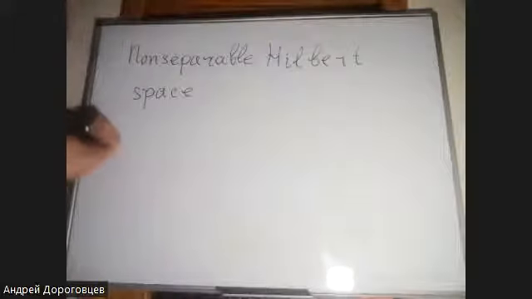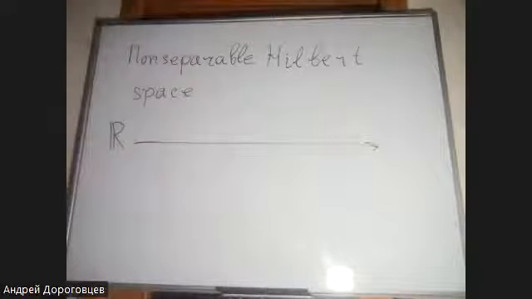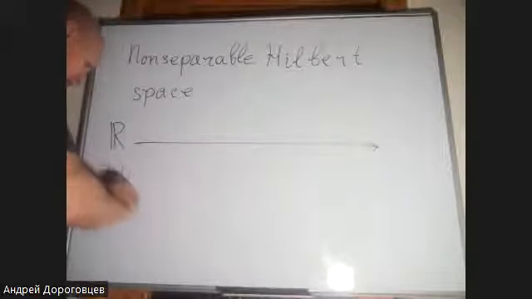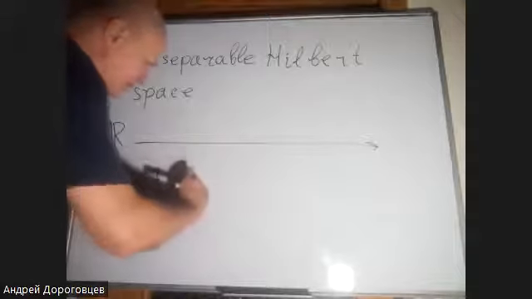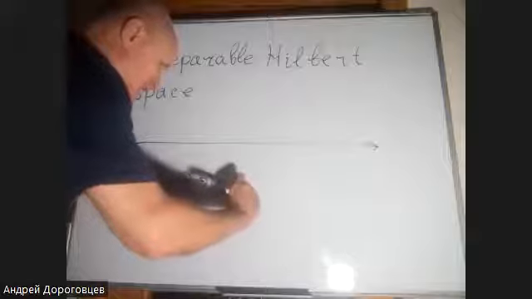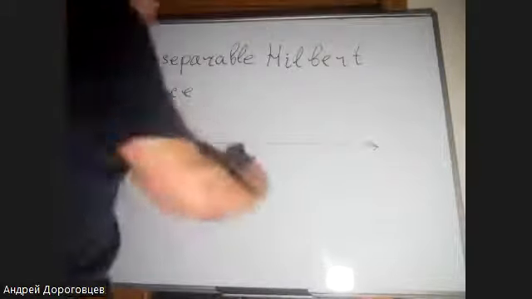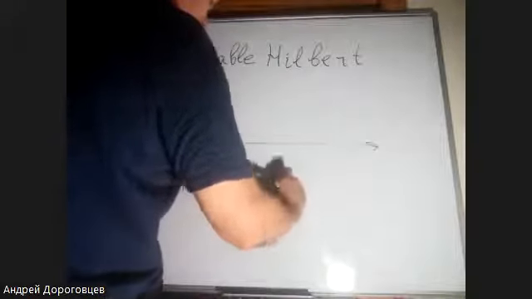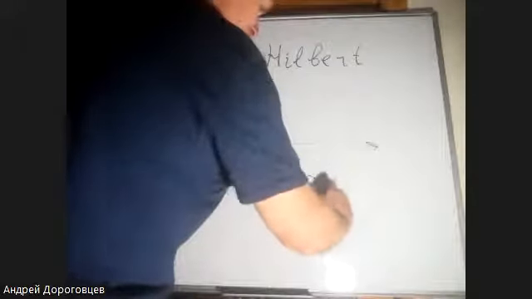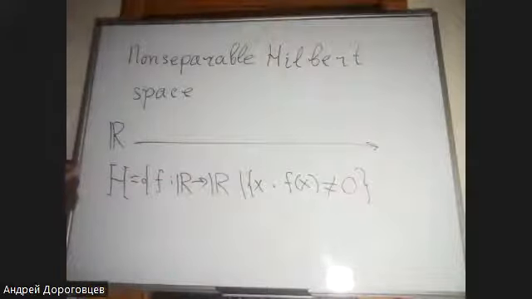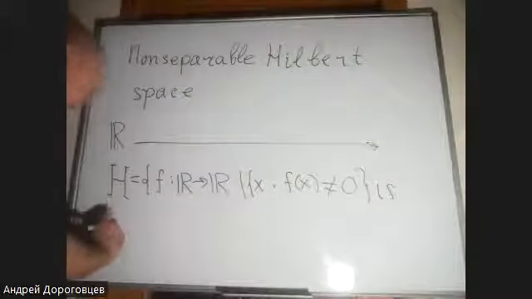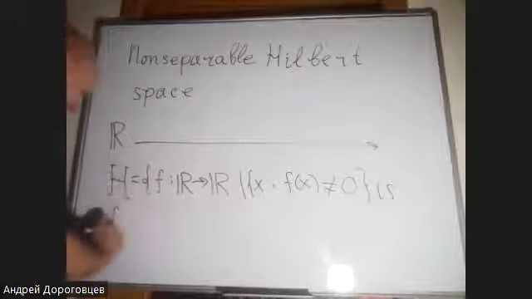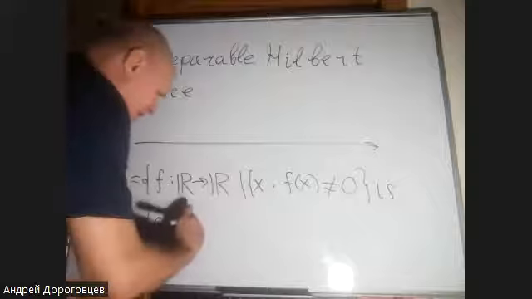Take the real line R, and suppose that our H consists of all functions acting from R to R such that the set of x where f(x) is not equal to 0 is at most countable, finite or countable.